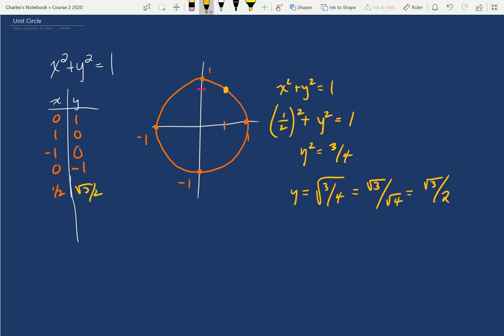But actually, you could use some logic to realize that if I was at 1/2 on the y-axis, the math would work the same way in this equation, except the 1/2 would go in for the y and not for the x. And so I would be at root 3 over 2. So there's 16 points of interest on the unit circle that we keep coming back to.